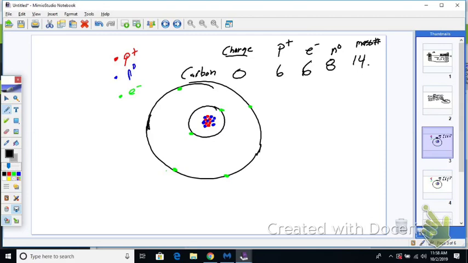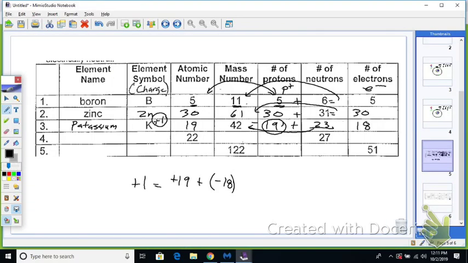Okay? So all we have to do now is, we can kind of see an atom. I'll give you 4 and 5 as well. So if you got 4 and 5 done, I'll write those down. That way you can see how you did on them.